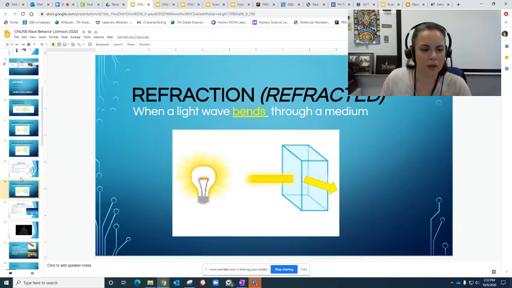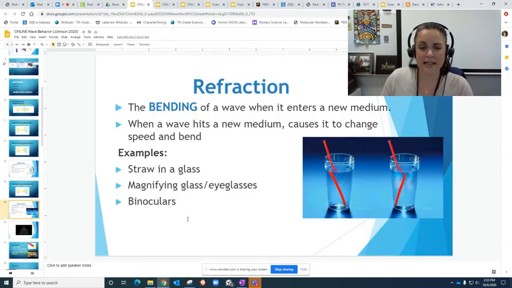Okay, so I had to go back there for just a second, my bad. So with refraction, this is when a light wave bends through a medium. So we can see that. A really great example is the bending of a wave, particularly when you look at a straw in a glass. And if you have a straw at home, go ahead and pause this video and go check it out.